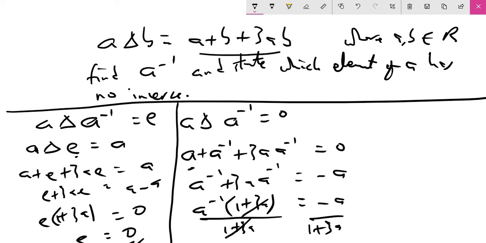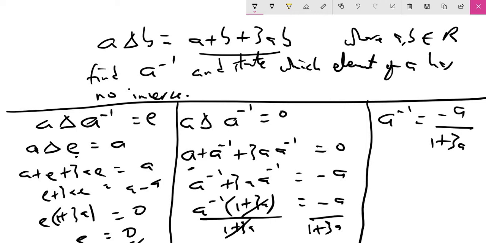So cancel this out. So therefore, A inverse is equal to minus A divided by 1 plus 3A. Okay, so this is A inverse.